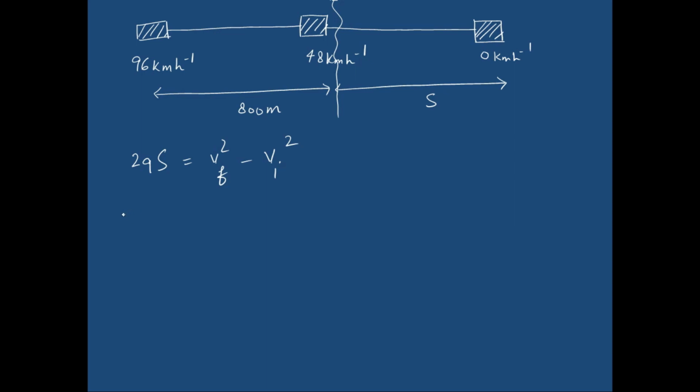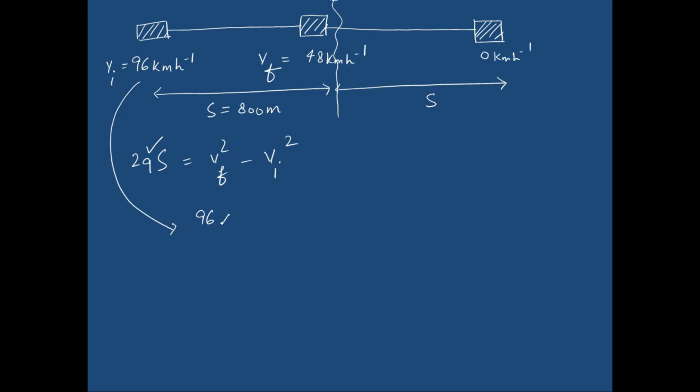To calculate the retardation, this is the s, the distance covered by the train, this is the initial velocity, and this is the final velocity of the train. But the initial and final velocities were given in kilometers per hour, so first we have to convert kilometers per hour into meters per second.